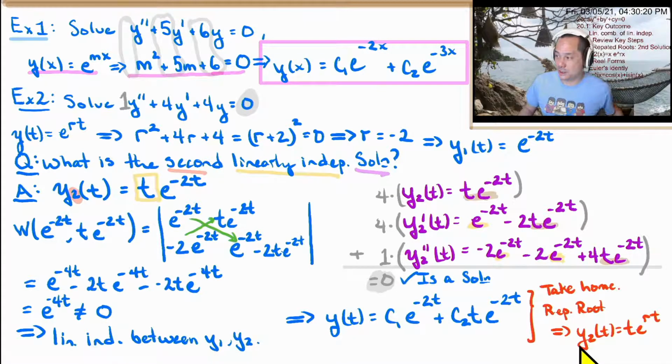Do you have to show that that t multiplier is a solution every single time? Oh goodness, no. Do you have to show that it's linearly independent from the first solution every time? No. Do you have to know that if you get a repeated root, your solution is c1 e to the rt plus c2 te to the rt? Yes. Can you go from the root straight down to this box, this end step? Yes.